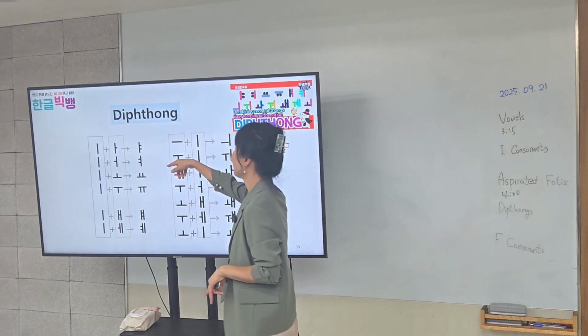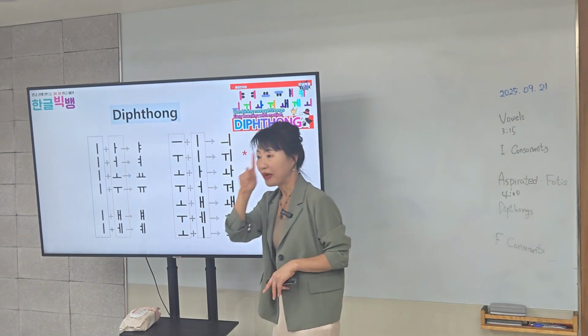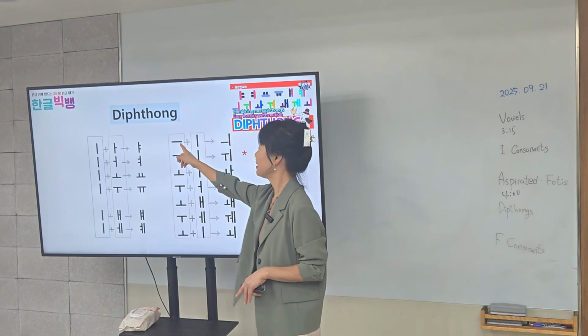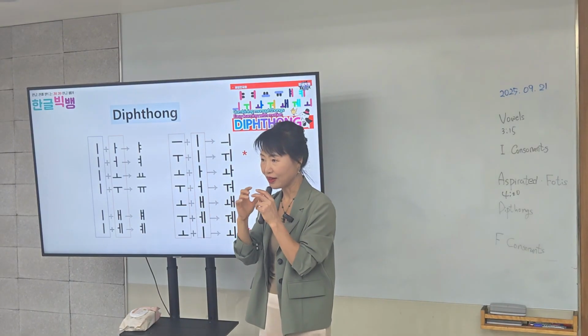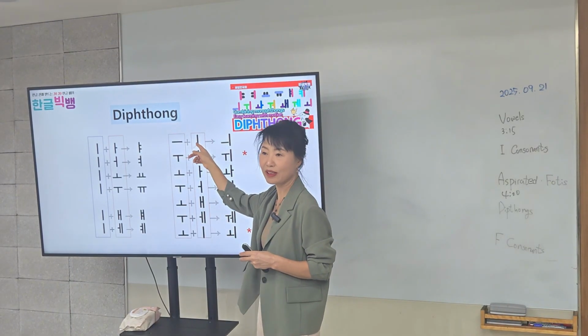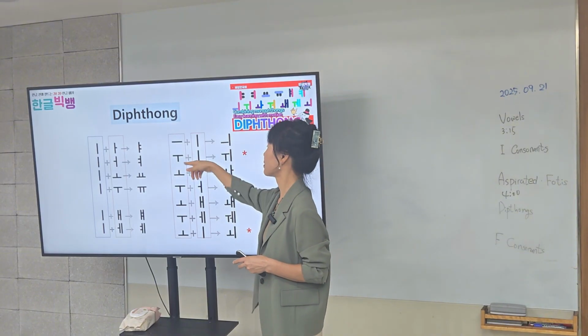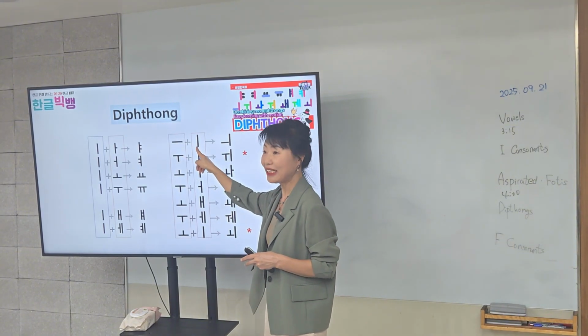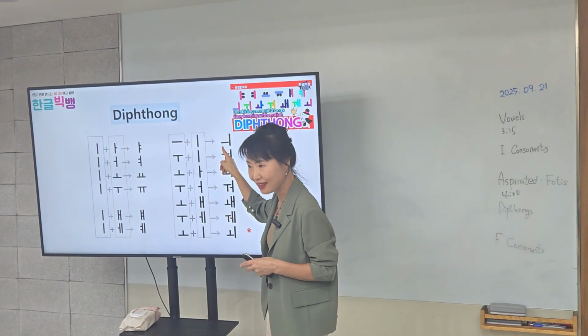Good. And so the one more strong means Y sound. And this is just a combination. So when you say quickly two vowels, it becomes a diphthong. So I, say quickly, ui.